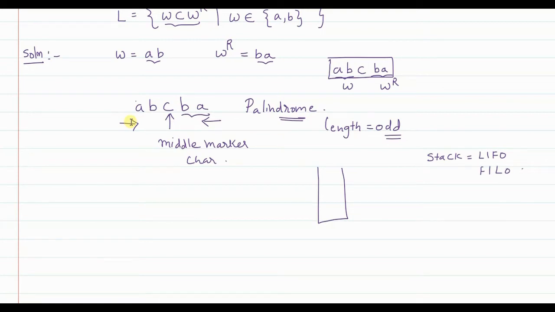What it means is, suppose there is a string, say AB. When you insert this string AB into the stack, A goes into the bottom, and on top of that B is pushed.